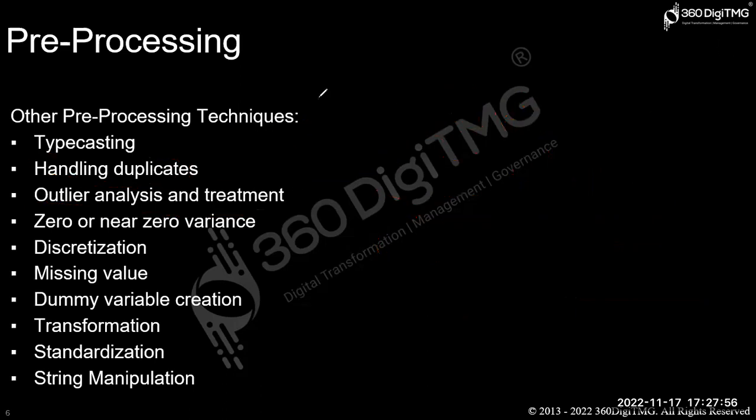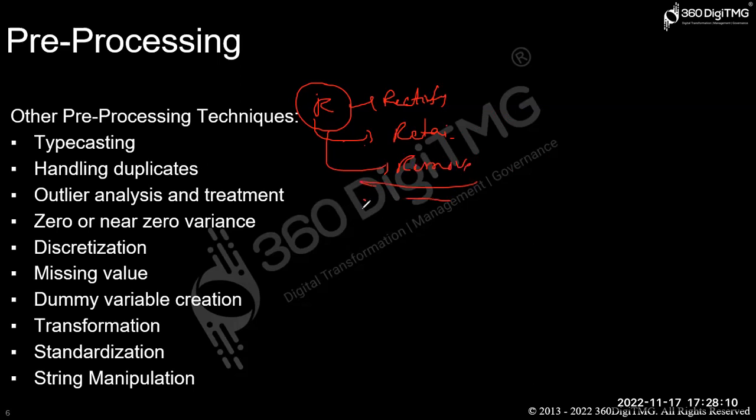So we have 3R techniques, triple R techniques: rectify, retain, remove. First, whatever data we will be having, we'll be checking whether it is an outlier or not. Outlier means the data is completely different from whatever the data we will be having. Let's say I'm taking the age column.